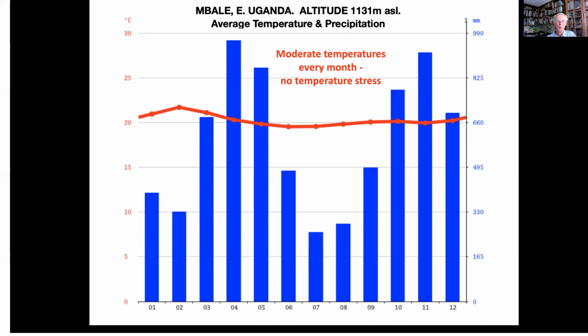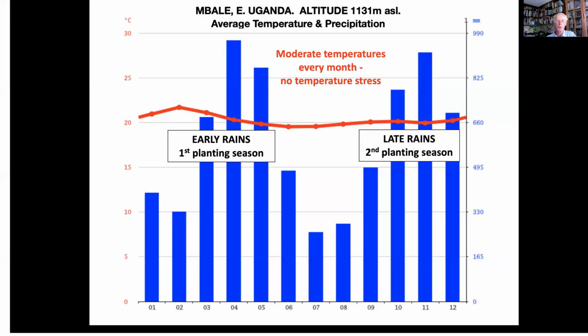And if you look at the blue lines, that's the rainfall, and you'll see that there are two maximum seasons of rain, what we call the early rains for planting, and the late rains, second planting season. But you will notice that every month of the year, there is rain.